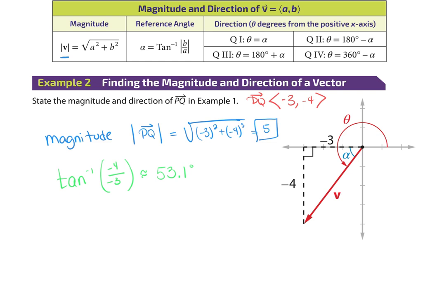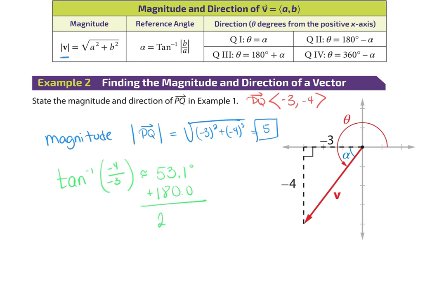All right? That is not my movement. If I move 53.1 degrees, I would be up here, right? So I have to go back and say, what quadrant am I in? Well, -3, -4 puts me in this quadrant, which means I have to take that 53.1 and add this 180 to it. All they did was give me the reference angle. So I have to add the 180 to it to get my actual final movement.